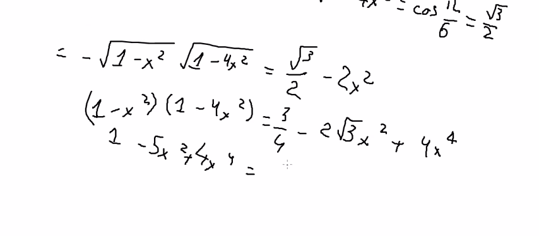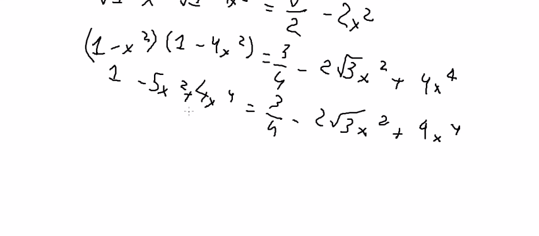Now we need to simplify the number in here. So we simplify 4s to the power of 4, and now we need to have 3 over 4. We go to the left, and we get 1 minus 3 over 4.